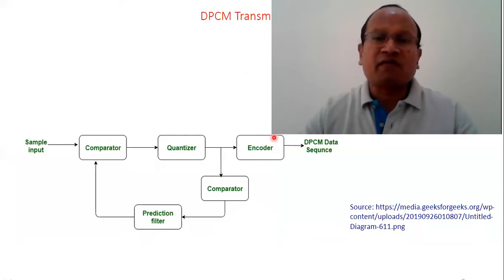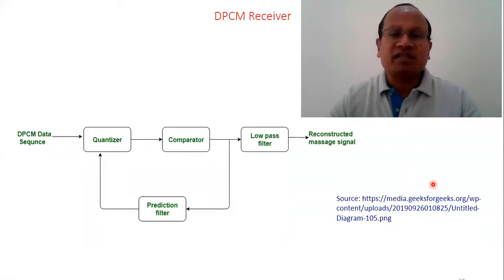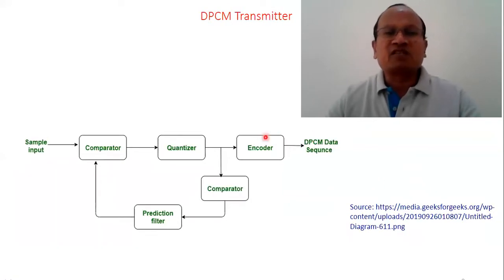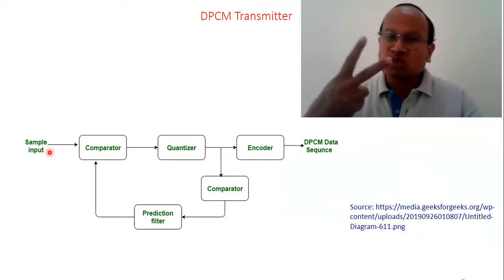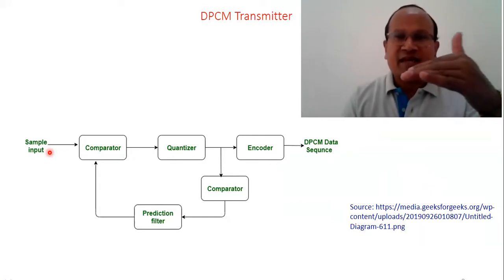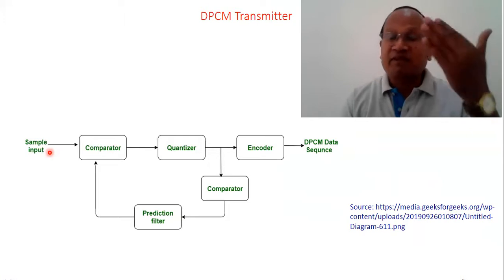This is a simplified block diagram of the DPCM transmitter, and this is the receiver. In the DPCM transmitter, the input samples go to the comparator first. The comparator requires at least two things: one, the current sample, and second, the previous sample.